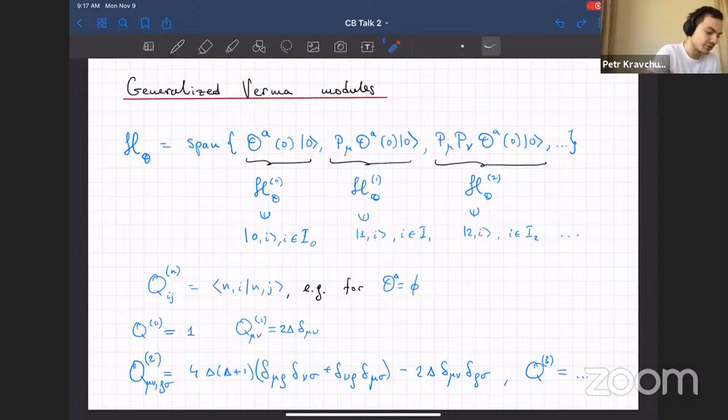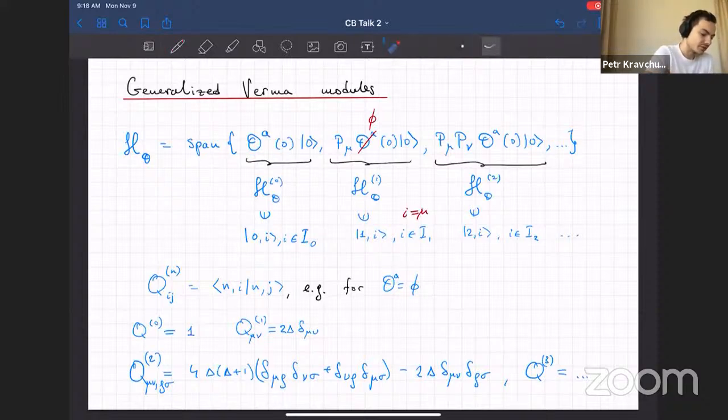So for example, if we take the operator O to be just a scalar, then there is a single state in the level 0 subspace, and I just take a single value. In the level 1 subspace, we just have states labeled by mu. So in this case, i is essentially going to be mu, and so on.